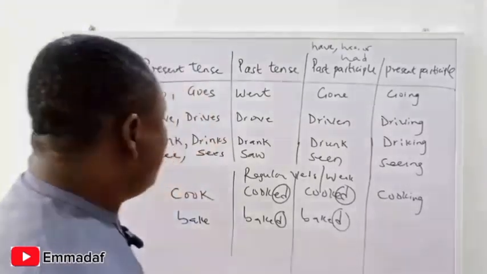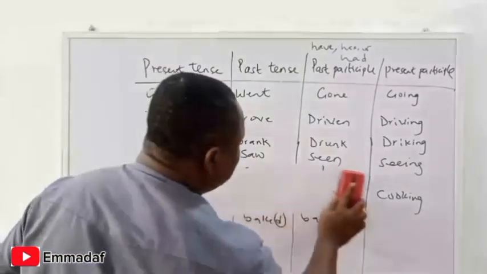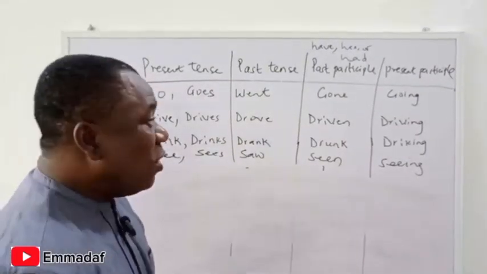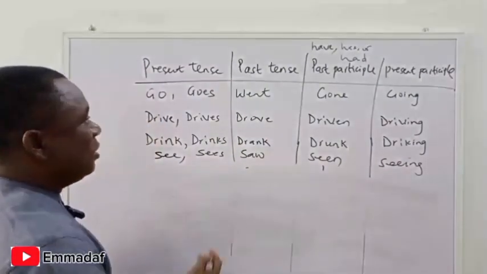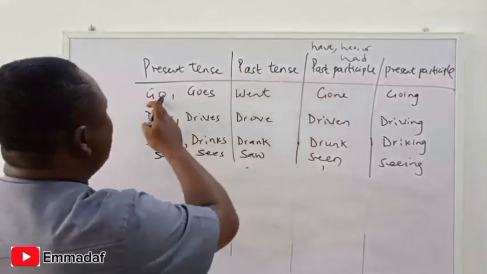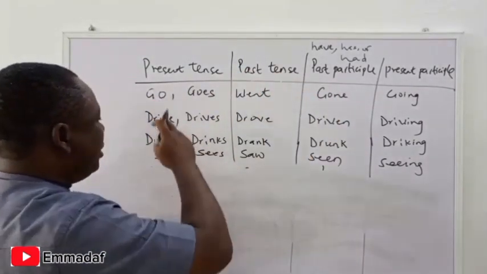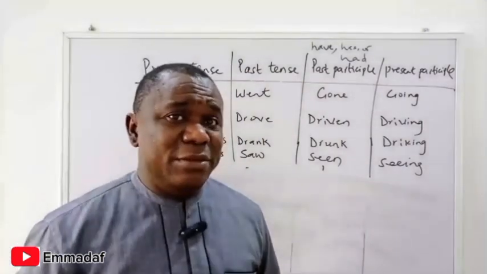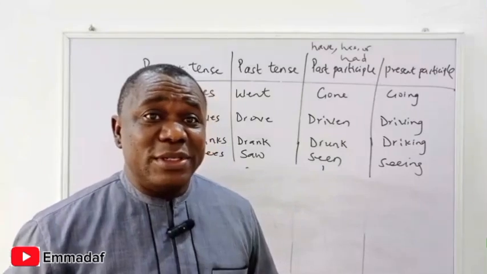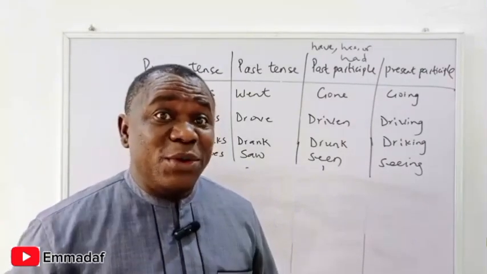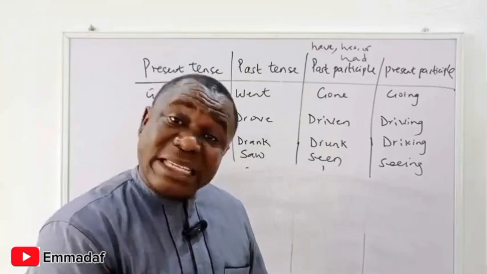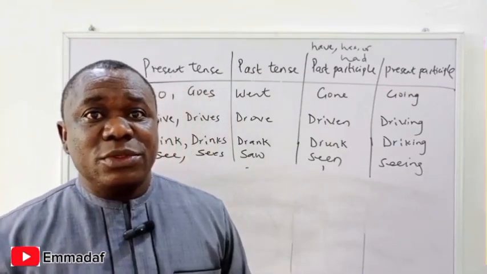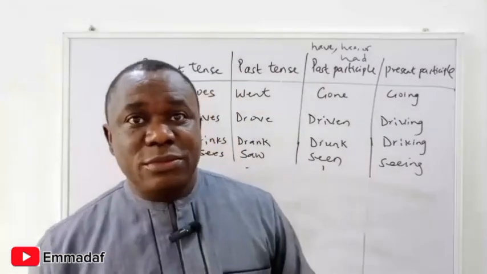On the other hand, we have what we call the strong verbs or the irregular verbs. These verbs, go, drive, drink, see, are irregular verbs. They are irregular because they don't have a regular way of forming the past tense and the past participle. Choose, chose, chosen.